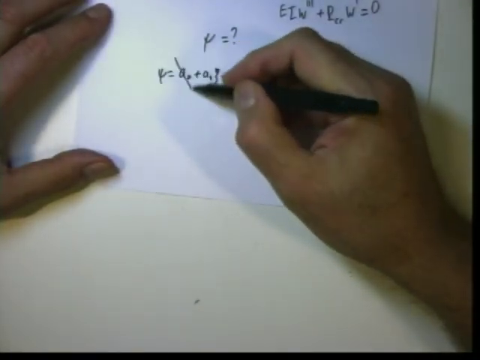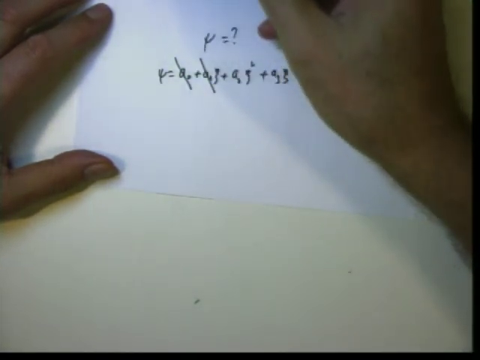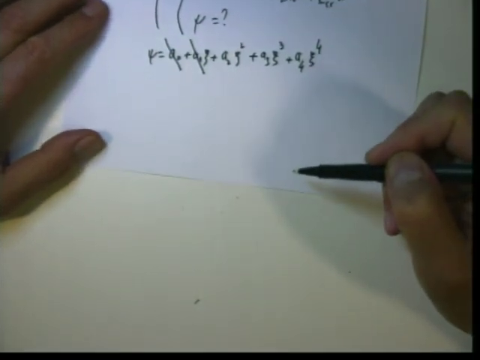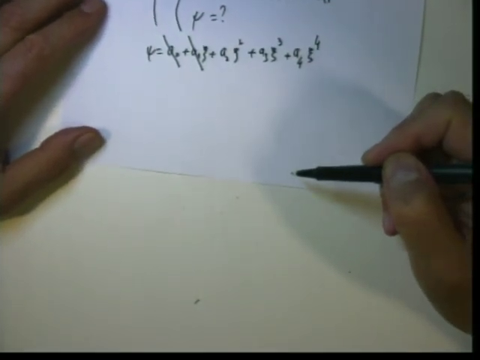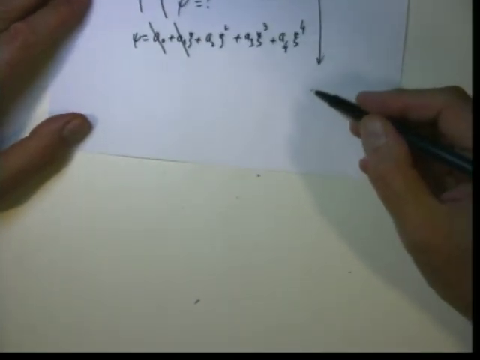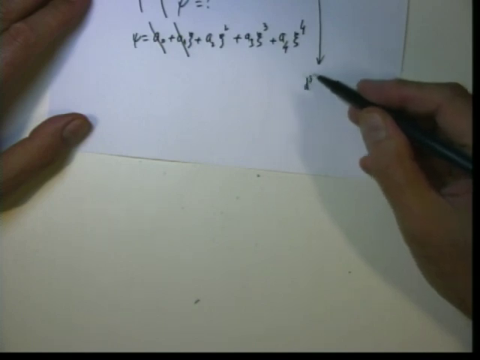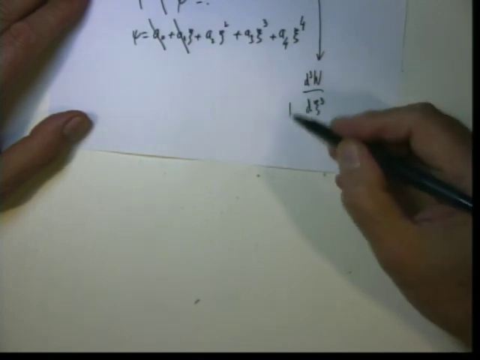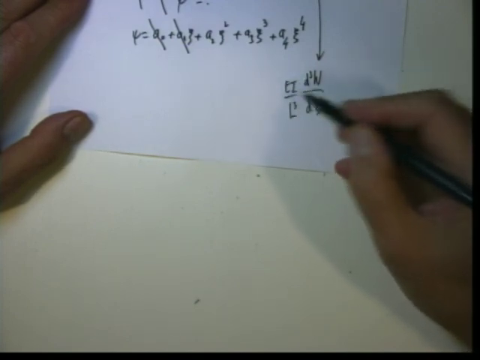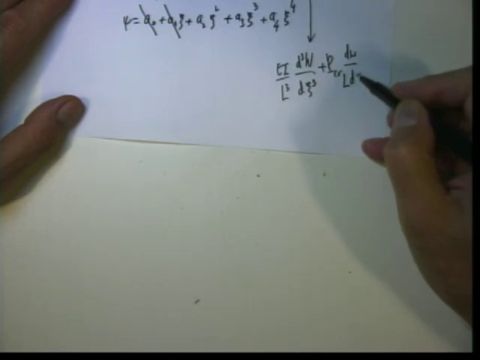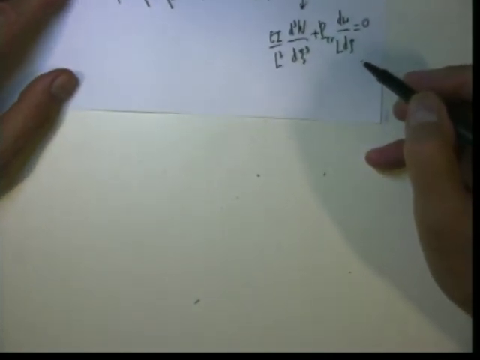And this guy will be 0 because of boundary conditions. So this equation will be written like this. Look, please. d3w d psi cubed over L cubed EI plus P critical and then dw over L d psi equals 0.